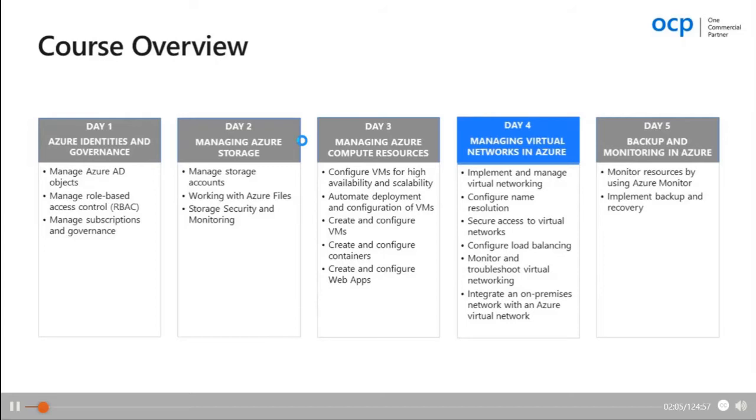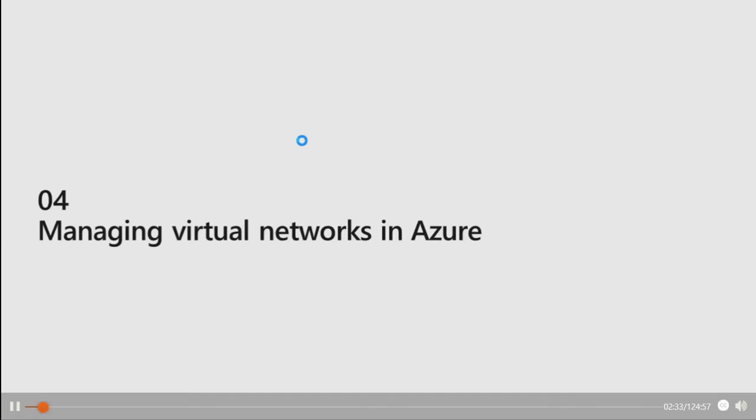On day 3, we talked about compute resources, essentially virtual machine scale sets, containers, Azure Batch, web apps. So all of those were topics that we covered. And then on day 5, we're going to talk about Azure Monitor and how we can implement a backup and recovery strategy. But let's focus today on how we can manage virtual networks.